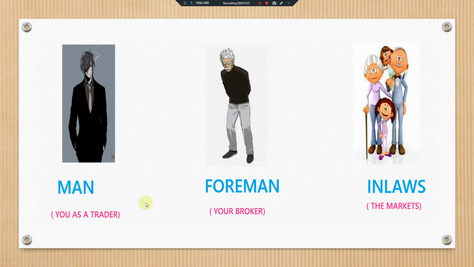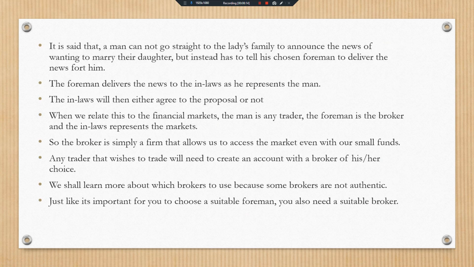So ladies and gentlemen, this is how the market works. The man represents you as a trader, the foreman represents the broker, and the in-laws represent the market. You can't go direct to the market, you need to go through your broker. So the broker allows you to access the market. You open an account with a broker of your choice, and then you have access to the market. Basically, that is what brokers do, right?